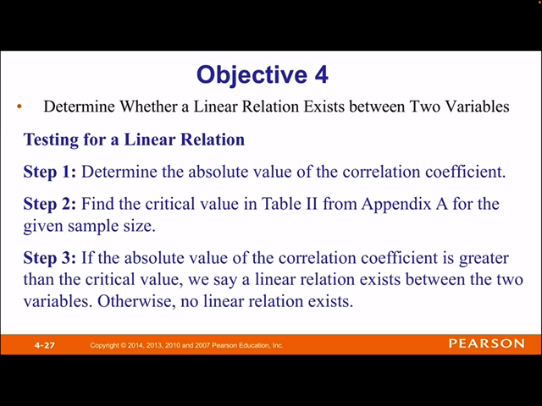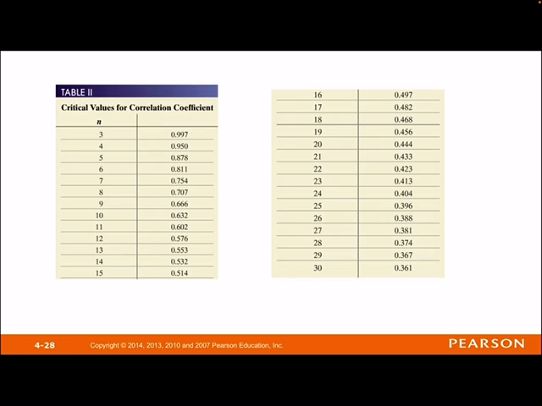And here's the rule. If the absolute value of the correlation coefficient is greater than the critical value, then we say a linear relation exists between the two variables. Otherwise, if it's less than it, then there's no linear relation. Okay, so again, our R value was 0.7728 from that earlier problem.